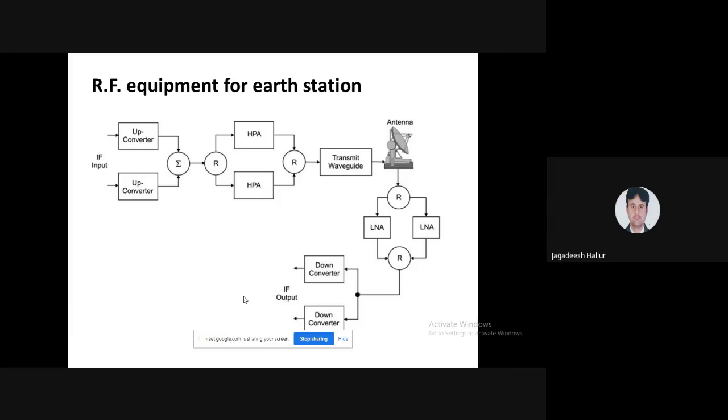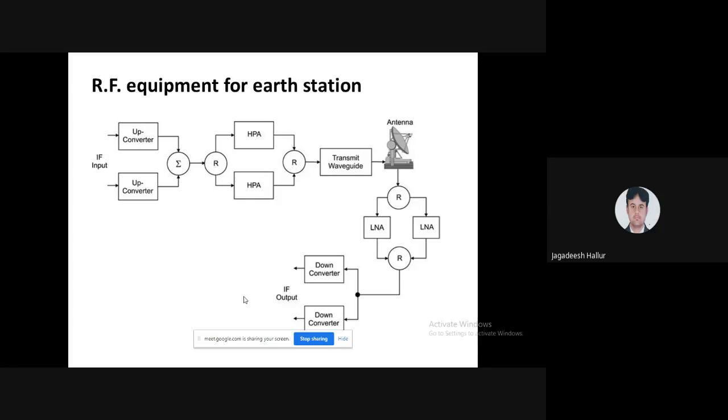The satellite has an antenna whose function is to change the frequency and convert the signal to a modulated signal, which is given to the receiver. The low noise amplifier removes the noise, and the down converter is to receive the original signal at the receiver end.